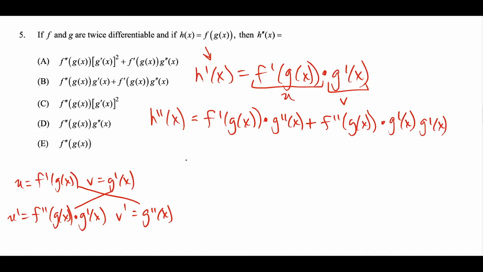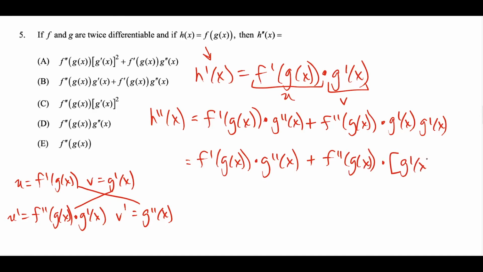So if we combine the like terms here, we have f prime g of x times g double prime of x plus f double prime of g of x times, and we'll put a bracket here, g prime of x squared. So now we just have to match this to an answer choice, and this looks like choice A. Notice the commutativity of addition, like they have this thing written first, but we have f double prime at g times g prime squared plus f prime g of x g double prime.